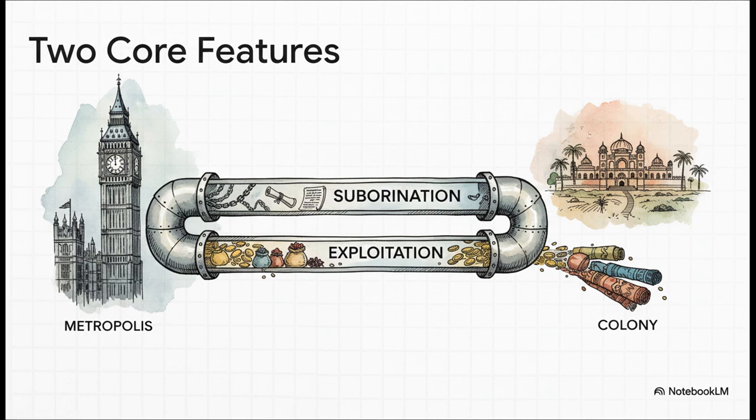First, that total subordination we just talked about. And second, the main goal, the whole point of the enterprise, economic exploitation. That just means siphoning off the colony's economic surplus, its wealth, its resources, its profits, and sending it all back home. This appropriation of surplus is the engine that drives the entire colonial project.